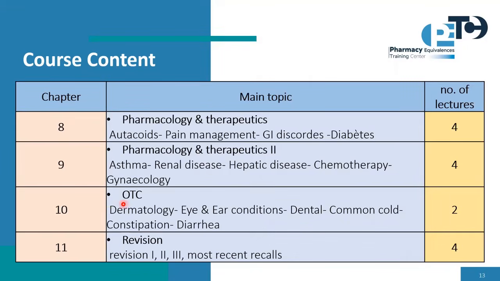Then the last chapter will be the OTC. Here we have 2 lectures covering most over-the-counter products regarding conditions like dermatological conditions, eye and ear conditions, dental, common cold, cough preparations, constipation and laxatives, diarrhea, and some other topics regarding OTC.